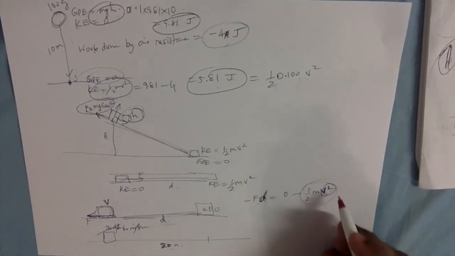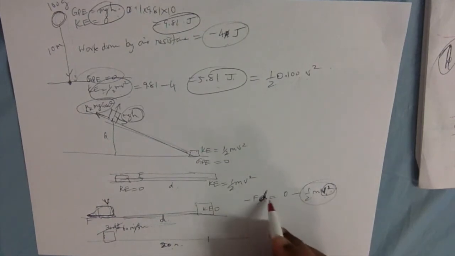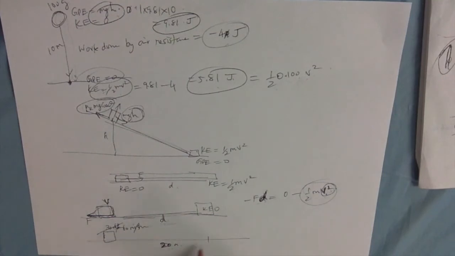So the velocity squared is going to become 4 times bigger, and the displacement or the stopping distance will become 4 times bigger. So instead of stopping at 20 meters, you end up stopping at 80 meters. You can see how dangerous it is to drive at a higher speed, because your stopping distance itself is going to be higher.